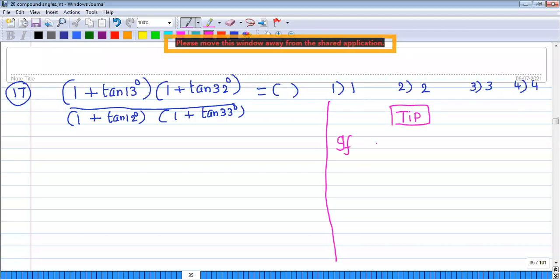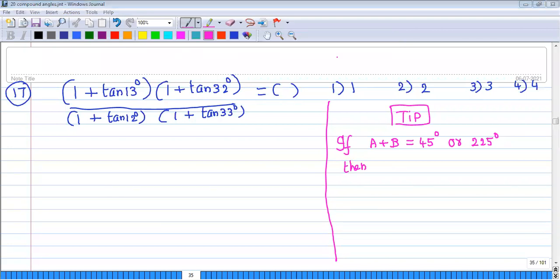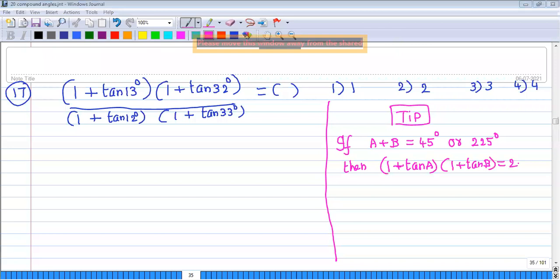See, if A plus B is equal to 45 degrees or 225 degrees, then 1 plus tan A into 1 plus tan B equals 2. So check the solution.